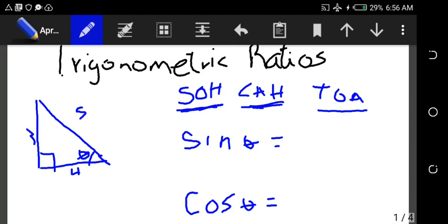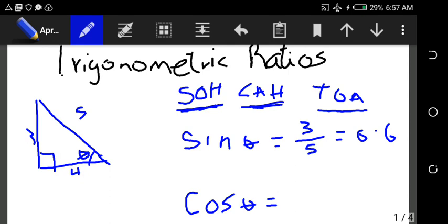And where is the opposite? Because our angle is here, the opposite is the side facing the angle. So the 3 is the opposite, over the hypotenuse, which is 5, the side across the right angle. Therefore sine theta is equal to 3 over 5, which we evaluate to 0.6.